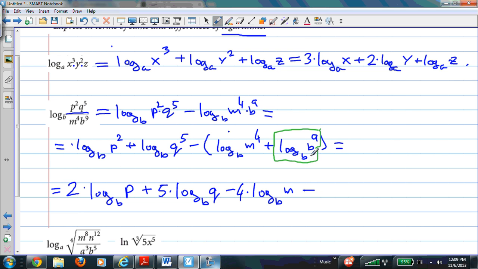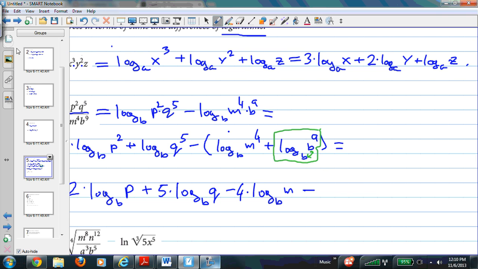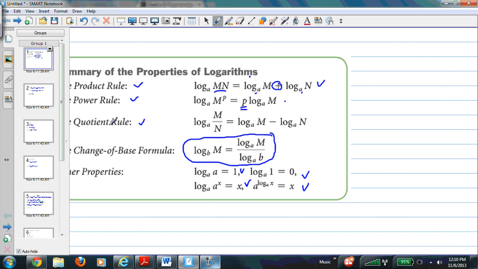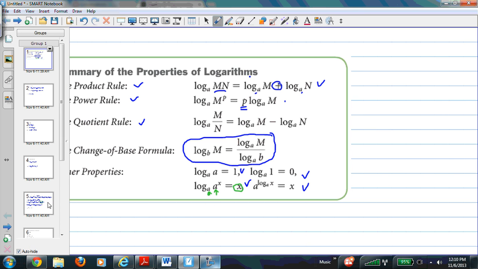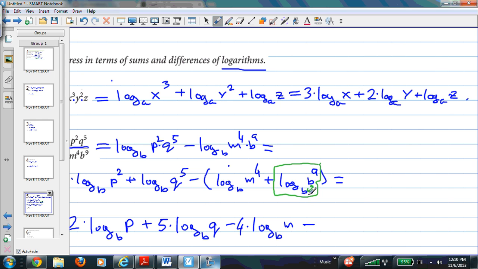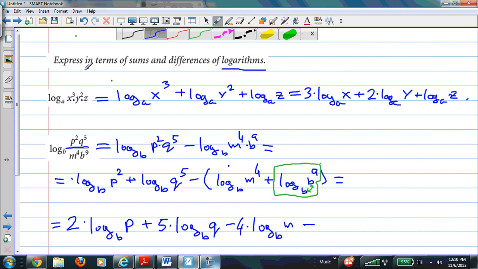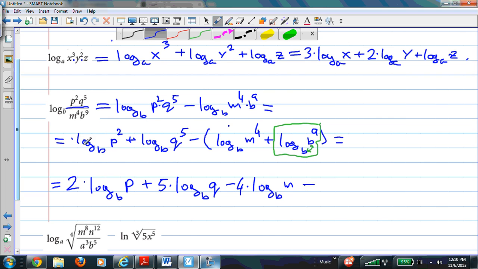Now I will look at this expression a little more careful. I have log base b of b to the 9. As you notice, the bases here and there match. If I refer back to my set of rules, when bases match, I'm just left with whatever the power was. And this should make sense in this case, because when I look at log base b of b to the ninth, the question is, to what power do we need to raise b to get b raised to the power 9?